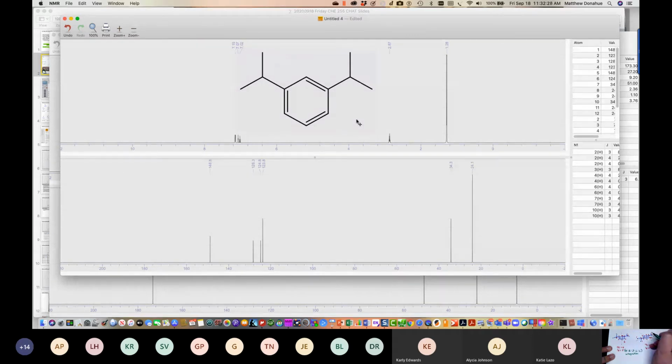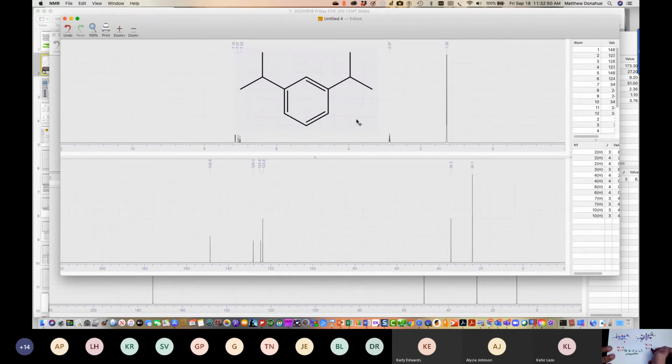That's one set. Now the methynes. And then the 4s on the aromatic ring, we'll mark those all as triangles here.